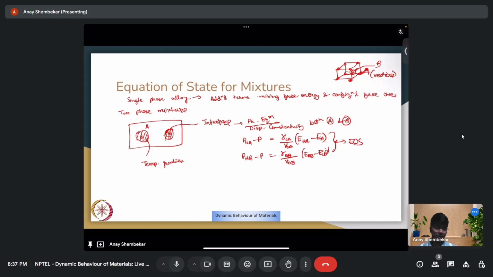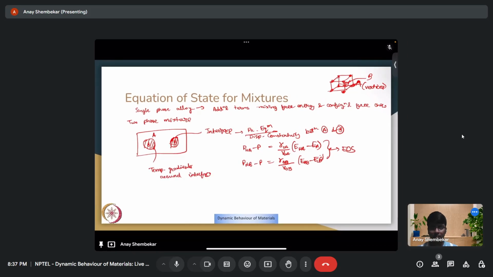In both cases, whether it's a single phase alloy or a two phase mixture, your actual calculation becomes much more difficult.